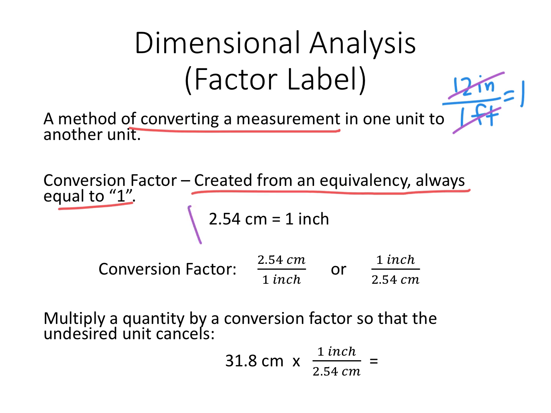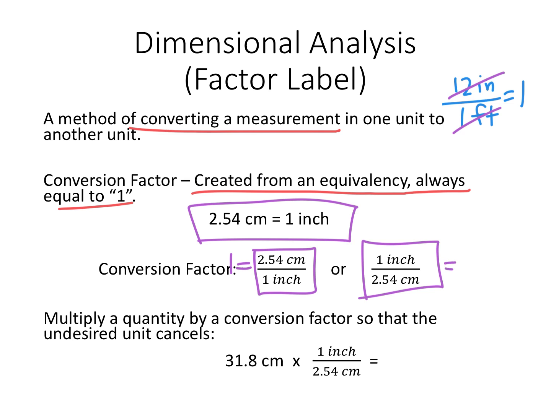So if we had a conversion factor like 2.54 centimeters is equal to an inch, we could have 2.54 centimeters over an inch, which equals 1, or 1 inch over 2.54 centimeters, and that also equals 1 because the number in the numerator and the number in the denominator are equivalent to each other.